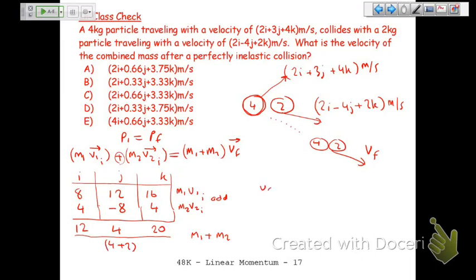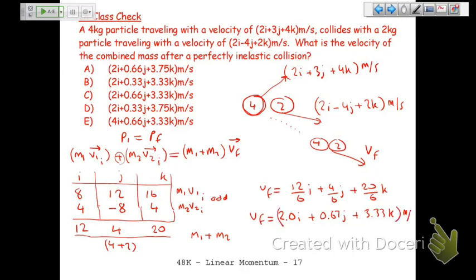So V final is equal to 12 over 6 I plus 4 over 6 J plus 20 over 6 K. So V final is equal to 2.0I plus 0.67J plus 3.33K meters per second.